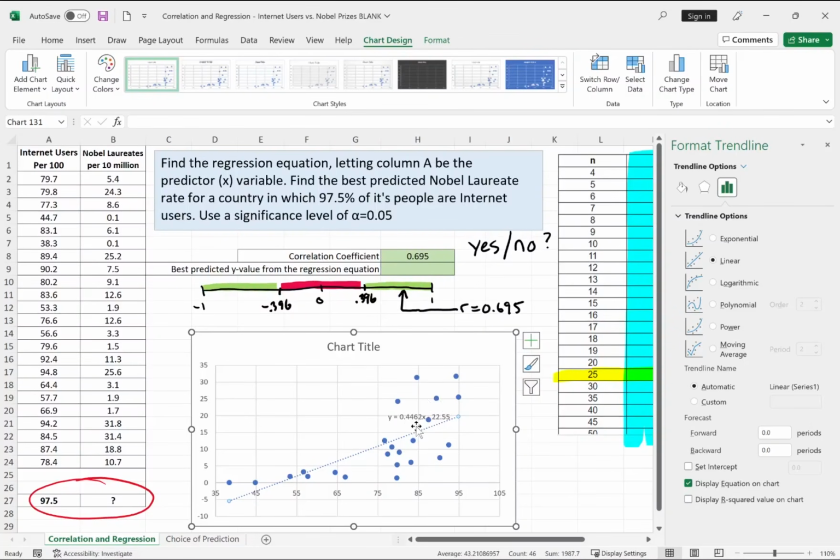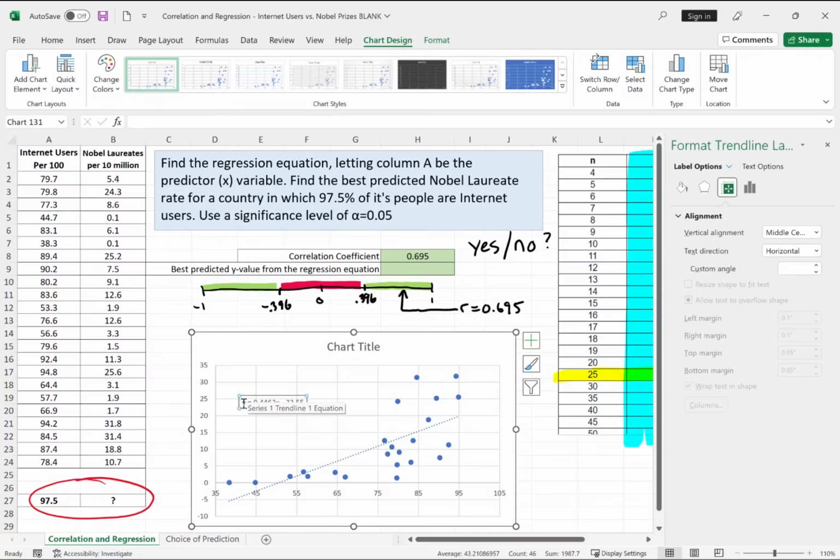It's usually going to be small and in an inconvenient place. So we could just move this over here, wherever we want. And we could even increase the font size. Okay, so now we've got our regression equation. Y equals 0.4462x minus 22.55.